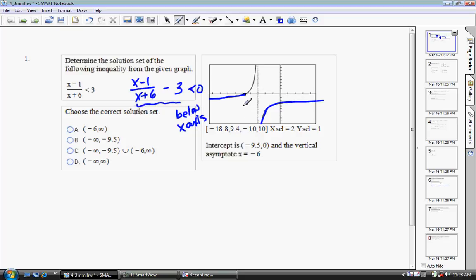So where does that occur? Well, we're told the x-intercept is negative 9.5, 0, and the vertical asymptote is at negative 6. So where is it less than 0? That's to the left of negative 9.5 and to the right of negative 6. So that would be C.